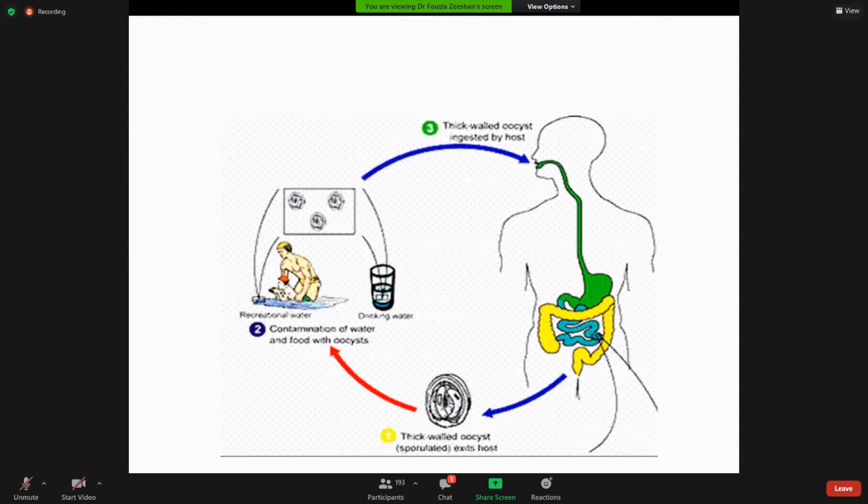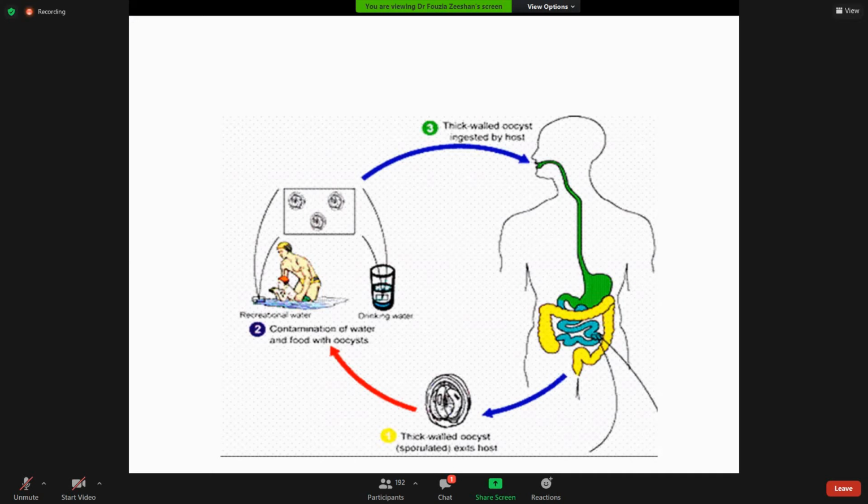You should have a clear concept of which parasite causes which symptom, and which laboratory diagnosis is important. Like the four nuclei of the cyst of Entamoeba histolytica are diagnostic. You should know which trophozoite or cyst is helpful in diagnosis.